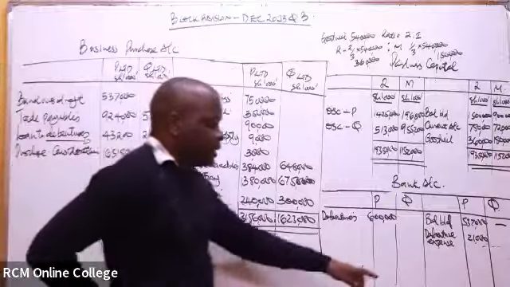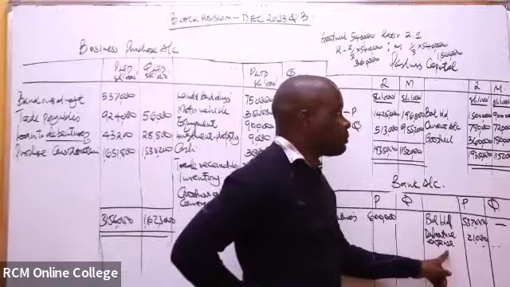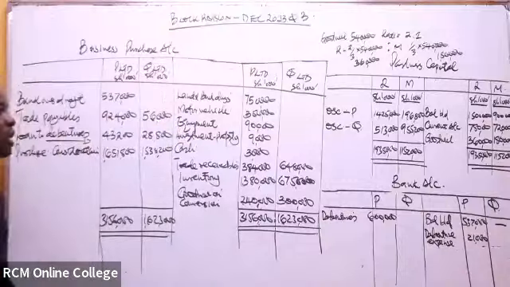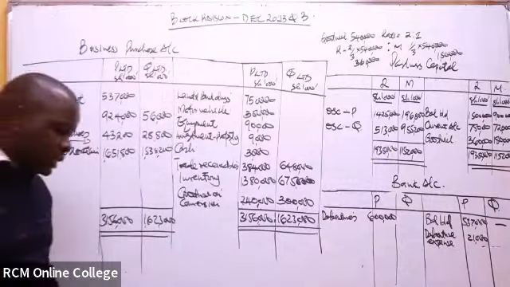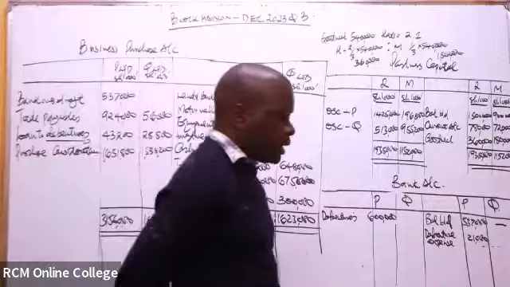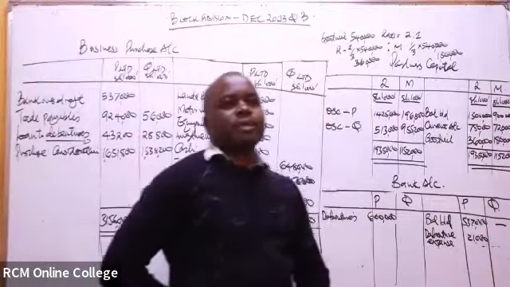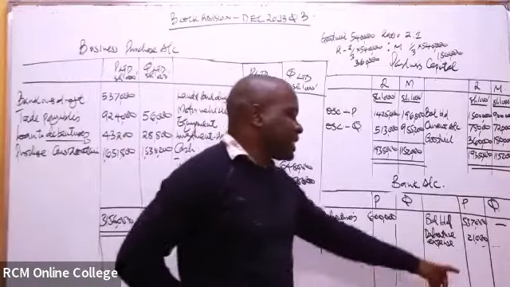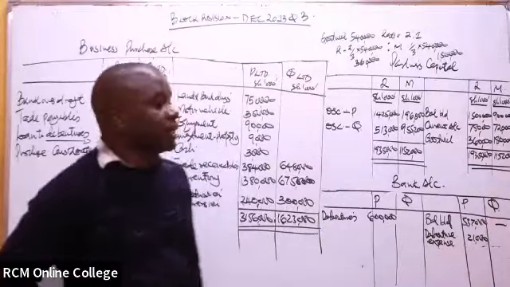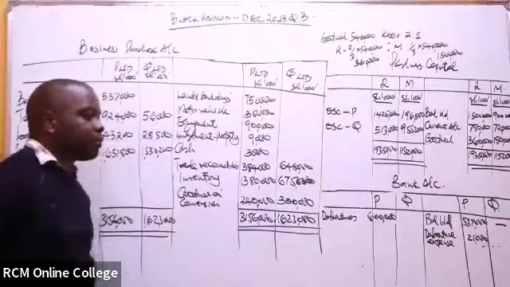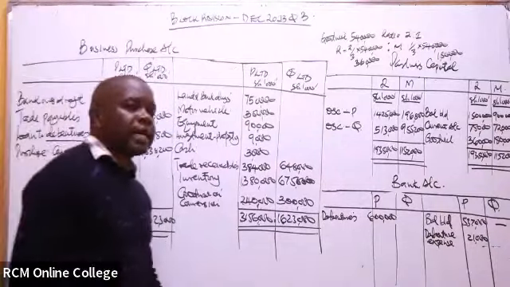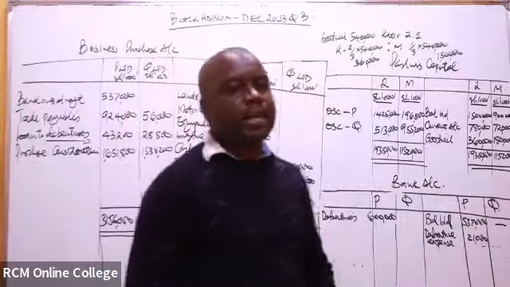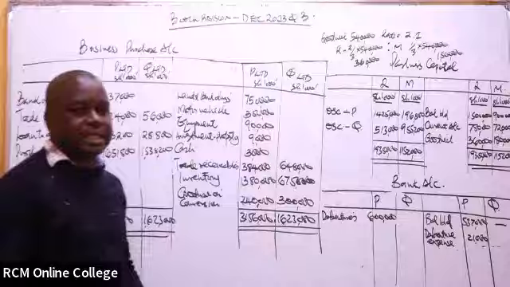Then regarding this debenture expense, something we also have to emphasize in accounting for conversion of a partnership to a company: those expenses that enable formation of the company will appear as non-current assets. Any preliminary expenses incurred for the formation of the company will appear as a non-current asset.